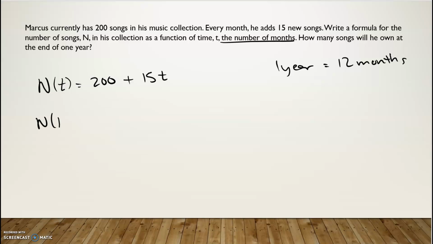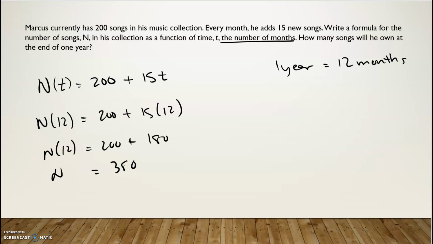So the number of songs in 12 months, we just plug that in: 200 plus 15 times 12. So that will give us 200 plus 180, and that would be 380. So by the end of 1 year, Marcus will have 380 songs. So this would be our final answer.